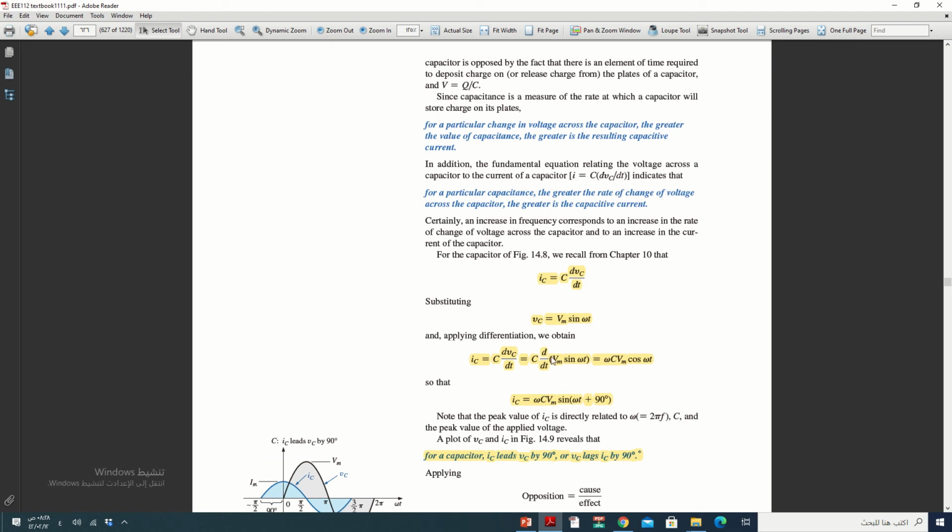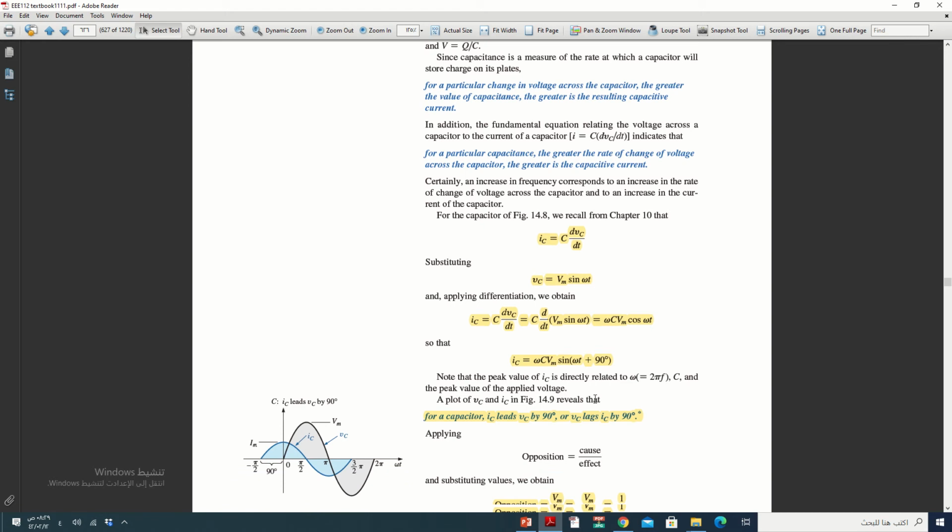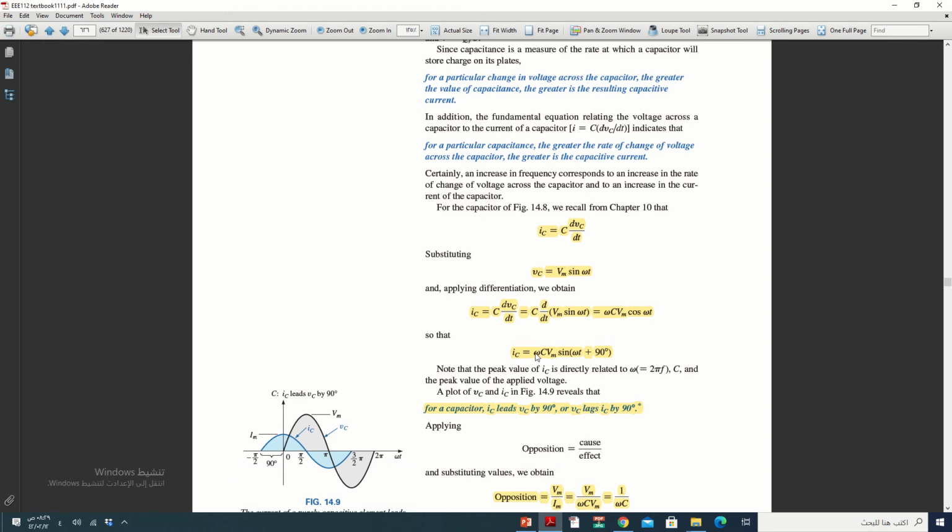If we differentiate it, Vm goes outside, and this becomes cosine omega t, with omega going outside with the constant, and we need to convert cosine to sine. It will be sine of omega t plus 90 from math. This is the peak now, and this is the shift.